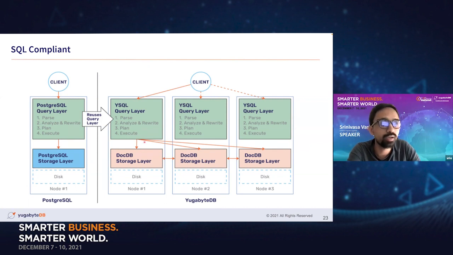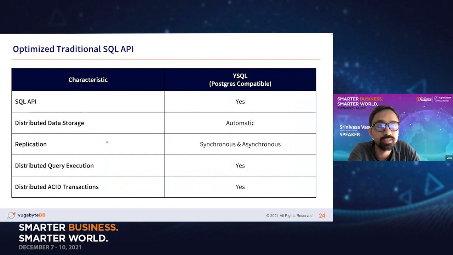That's how it's segregated to provide horizontal scalability from a query layer perspective, so that whenever clients interact with it, every node in the cluster can serve read and write traffic. At the same time, the data is distributed at the storage level to ensure the resiliency aspects are taken care of, right? It's SQL compliant distributed storage.